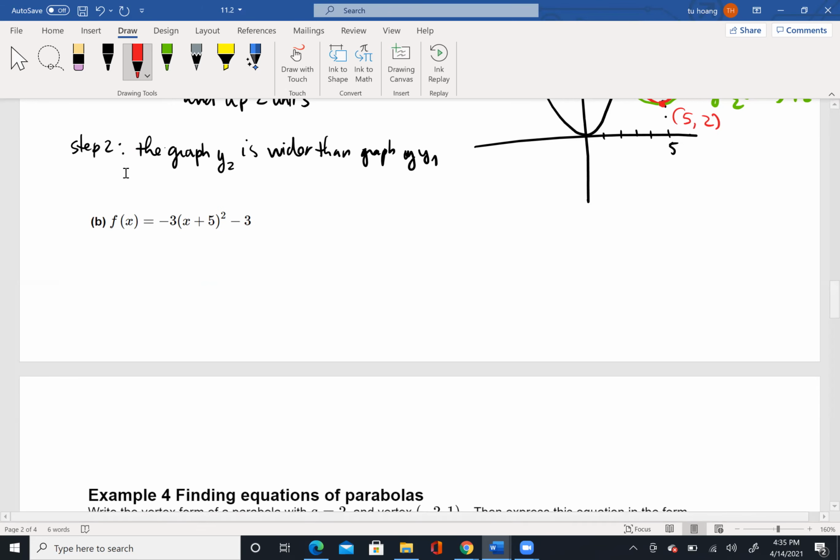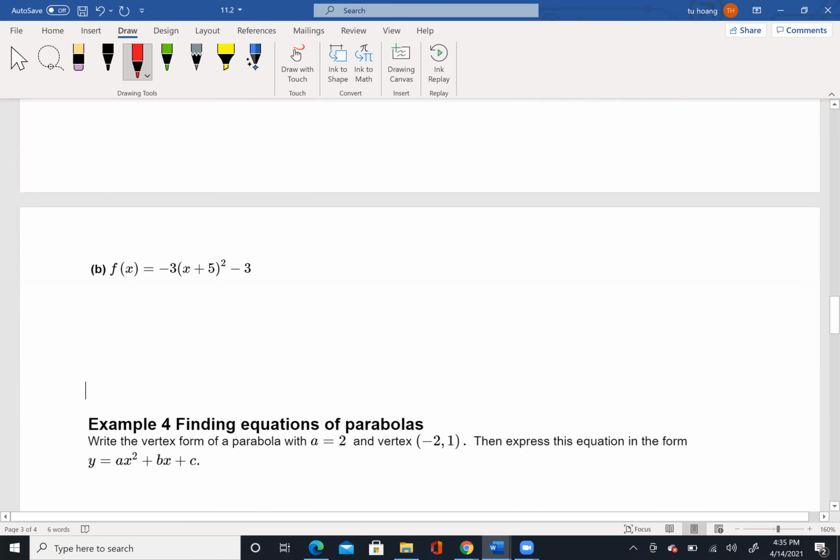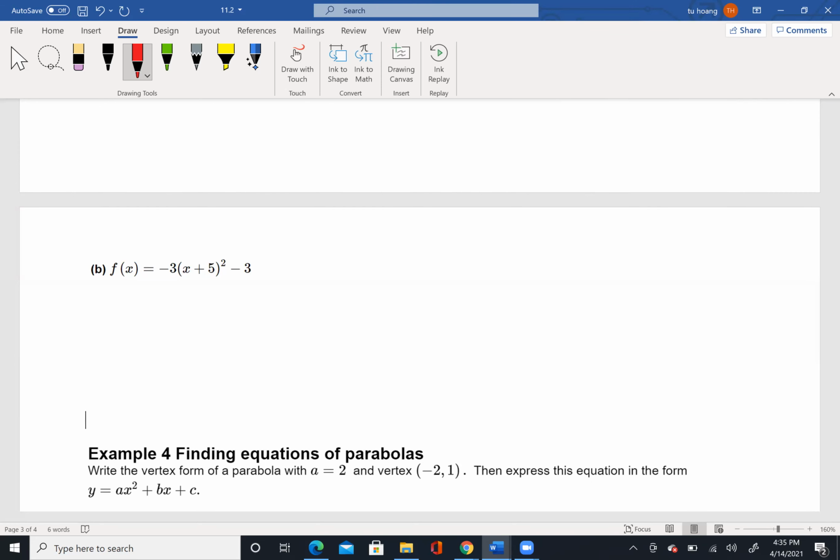Let's move to B. Maybe I have to move B to the next page. For B, I have a in here is -3, which is less than 0. So then the graph opens downward. Also, the absolute value of a is equal to 3, which is greater than 1.